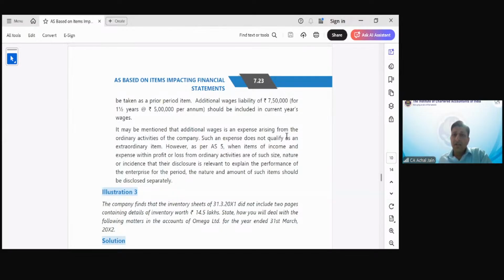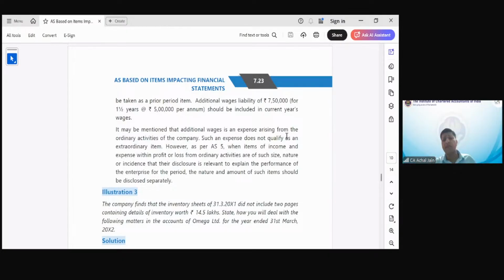Such an expense does not qualify as an extraordinary item. This is not extraordinary in nature. However, as per AS 5, you may have to evaluate whether its amount, its quantum, looking at the size of the company, is so significant that you require a separate disclosure for the same.